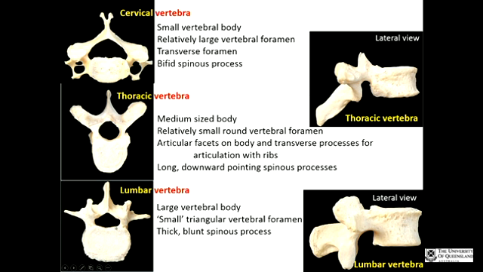Again, the smaller vertebral foramen is really because most of the peripheral nerves have gone from the spinal cord to service parts of the body superior to this region, and we've not really got too much left in terms of neural connections for the rest of the lower part of the body.